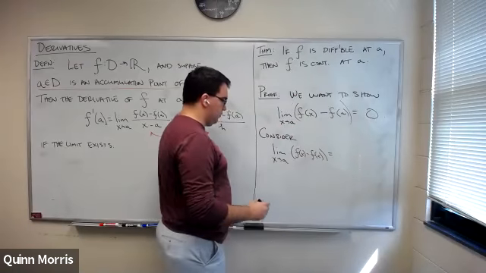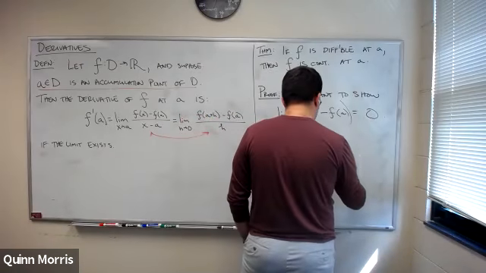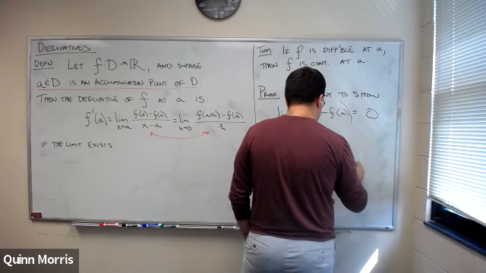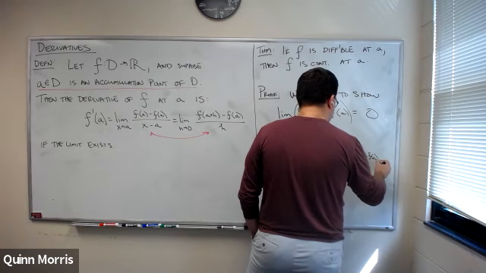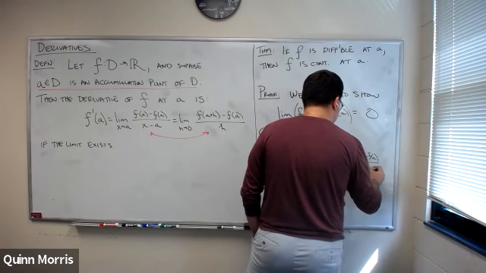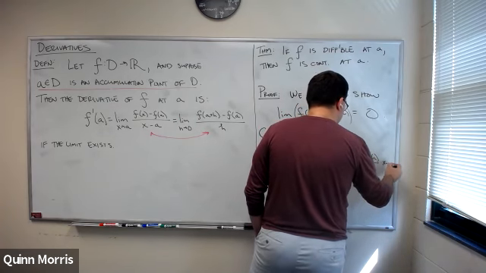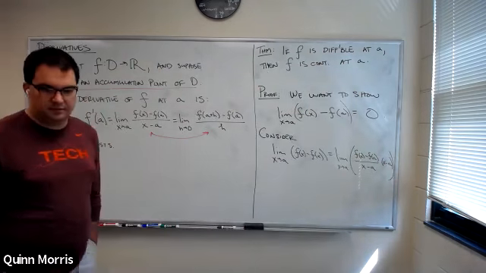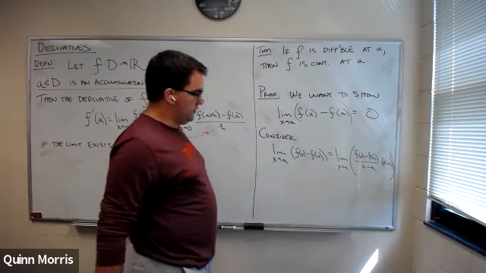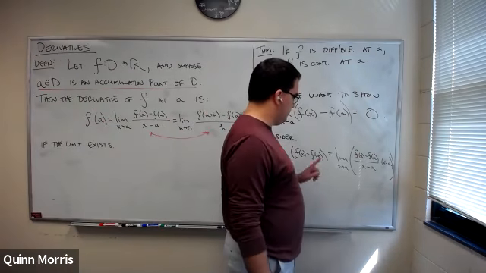Well, this is equal to the limit as x approaches a of f of x minus f of a over x minus a times x minus a, right? Now, there are some details to be checked.